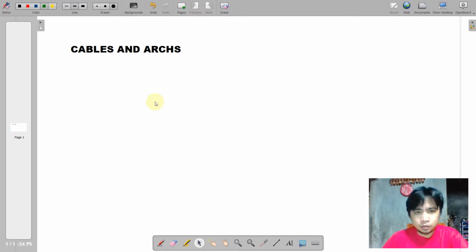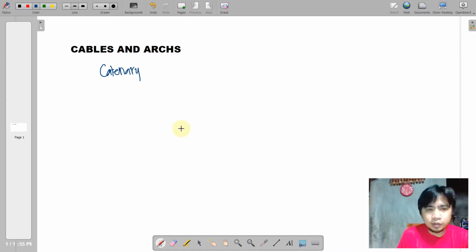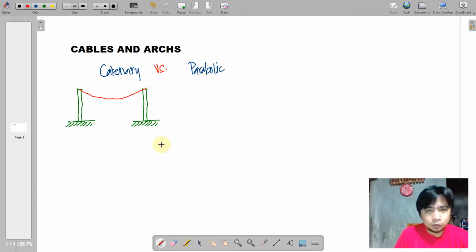So cables are practically classified into two. It could be either a catenary or a parabolic curve. What will be the difference? Actually, a catenary curve and a parabolic curve have only a slight difference in terms of their curve.